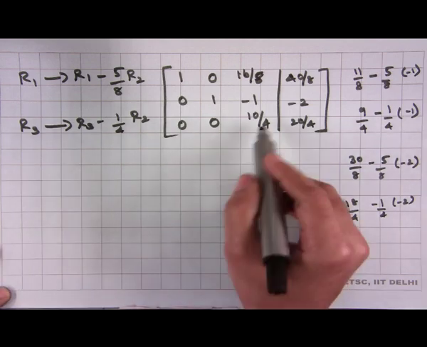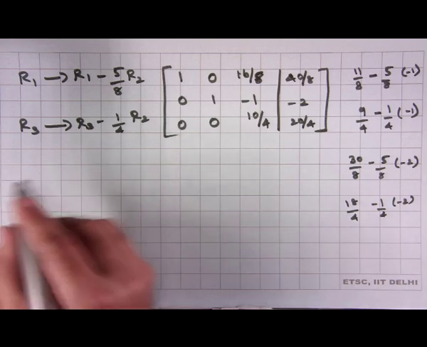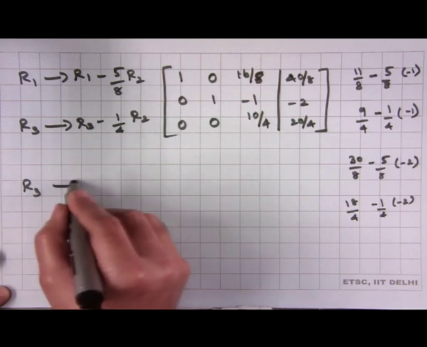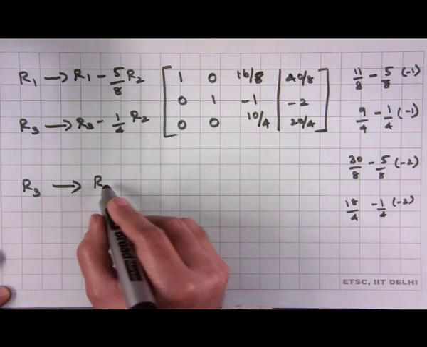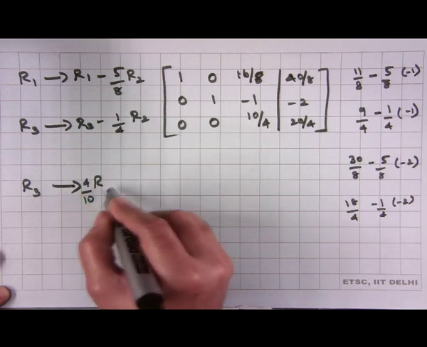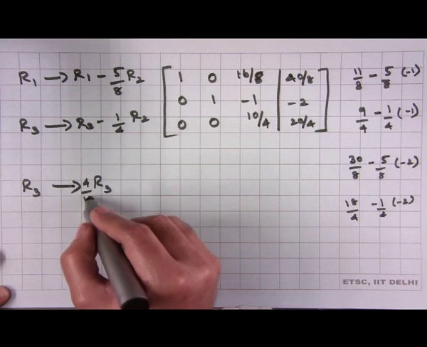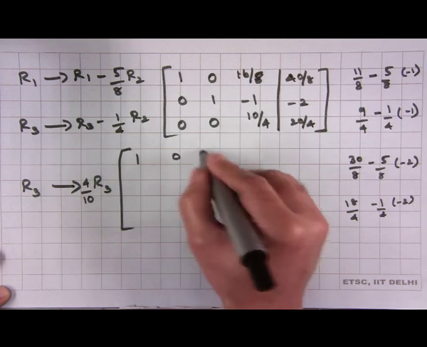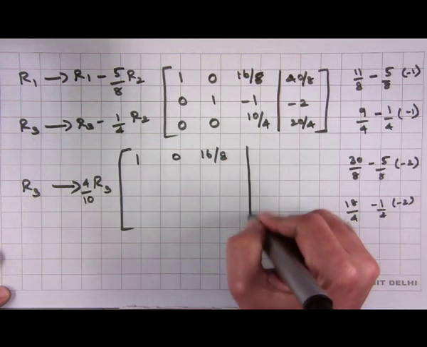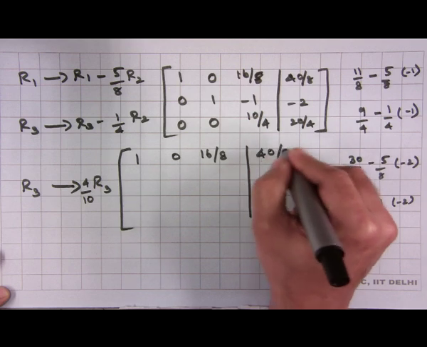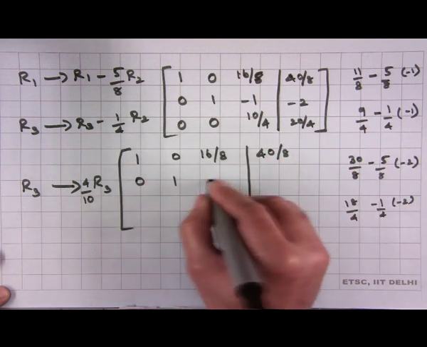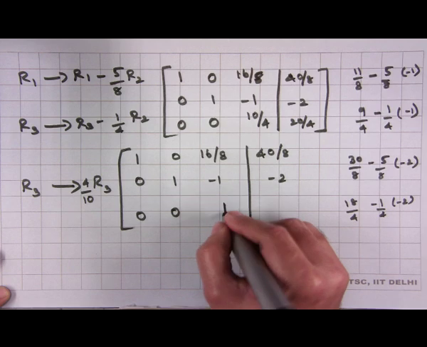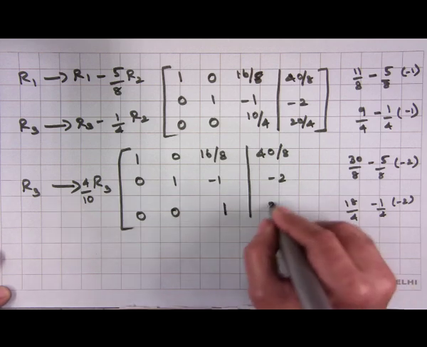Fine. Now, I will have to convert this element into 1. So, replace R3 by 4 by 10 times R3. The other rows remain unchanged, 0 1 minus 1 2 0 0 1, 4 by 10 I will have just 2.